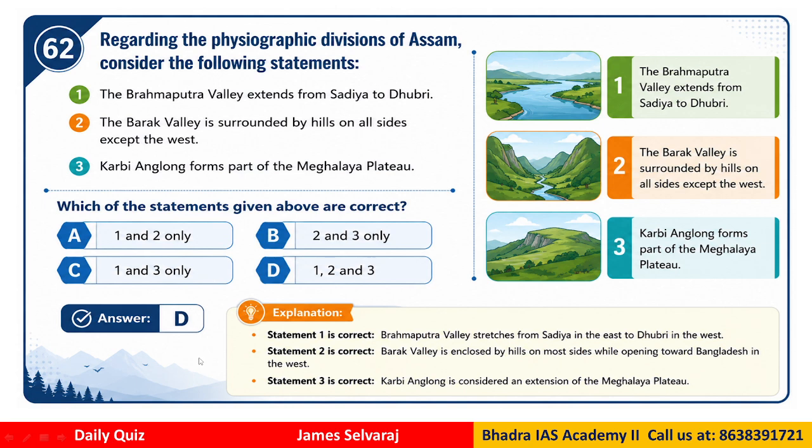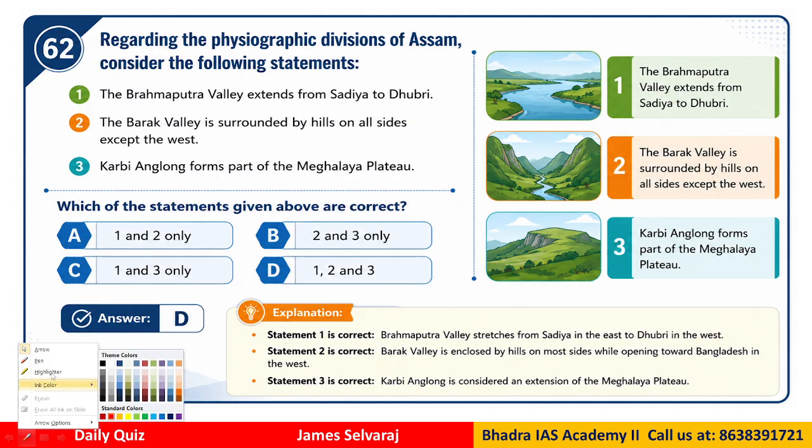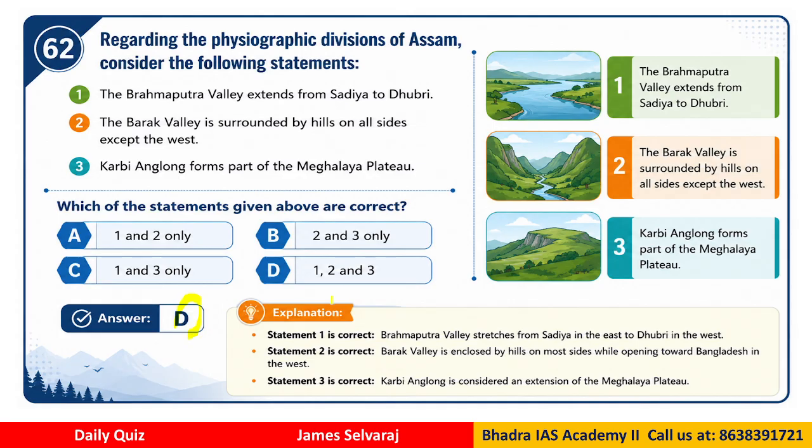So if you look at the answer, the correct answer will be D. The correct answer will be D. That is 1, 2 and 3. Why? Because the Brahmaputra valley extends from Sadiya to Dhubri, right? The Barak valley is surrounded by hills on all sides except the west, and Karbi Anglong is actually what we can say as an extension of the Meghalaya plateau.